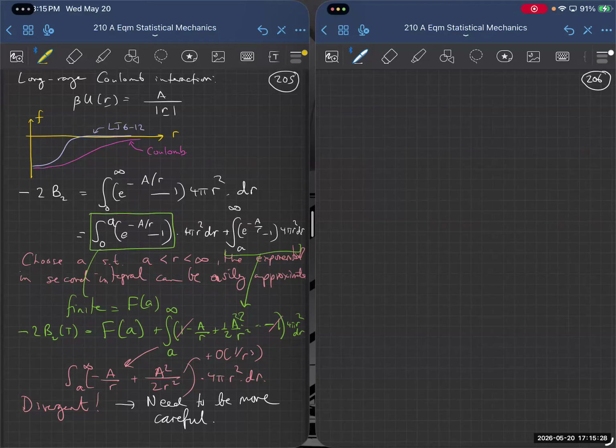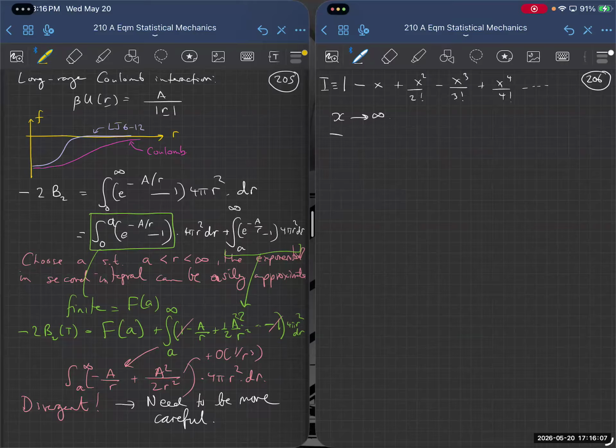But let's suppose I gave you this series: 1 minus x plus x squared over 2 factorial minus x cubed over 3 factorial plus x to the 4th over 4 factorial, etc. I say take x goes to infinity. Let's call this quantity I.